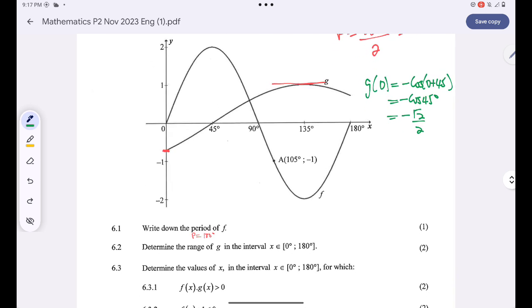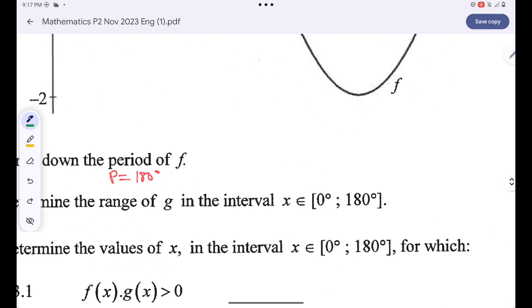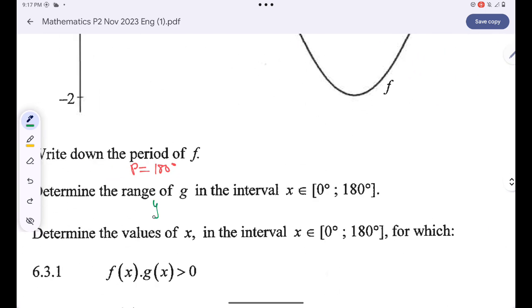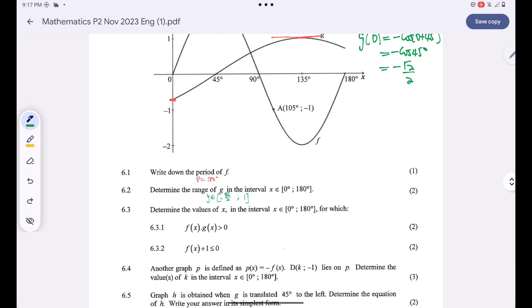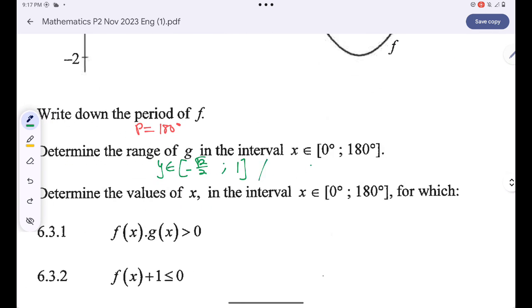So the range here, I know that y will just be an element of negative root 2 over 2 and 1. So that's my range, or I can simply write it as y is between negative root 2 over 2 and 1.